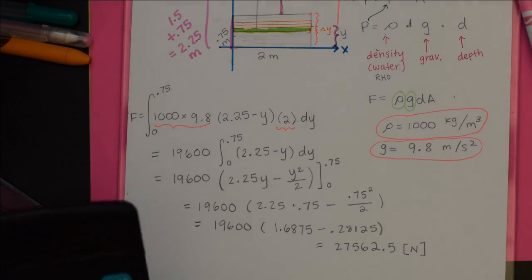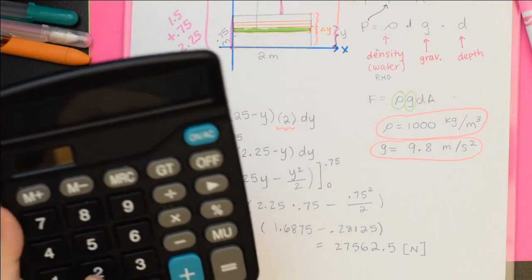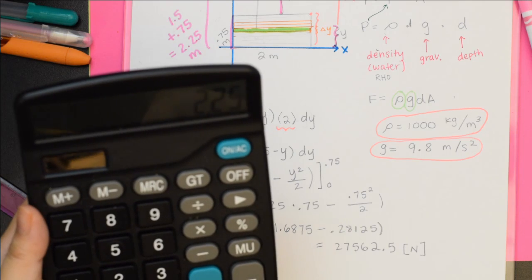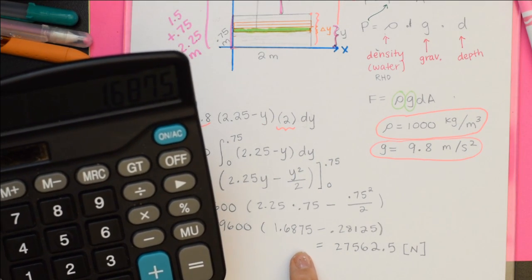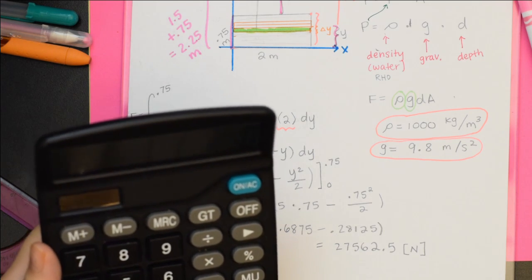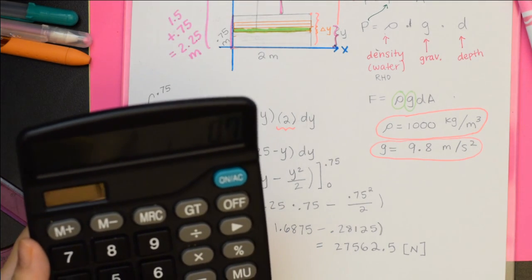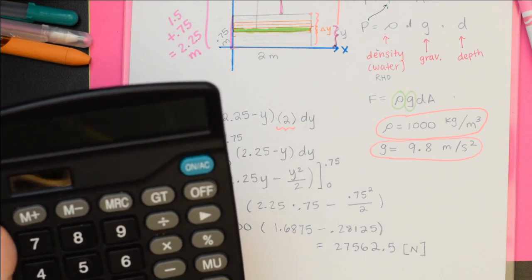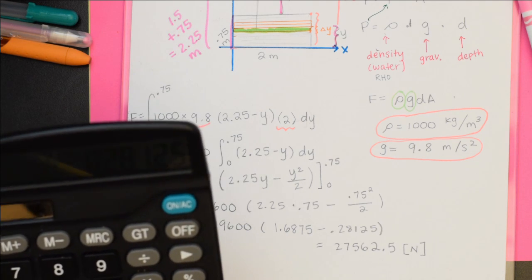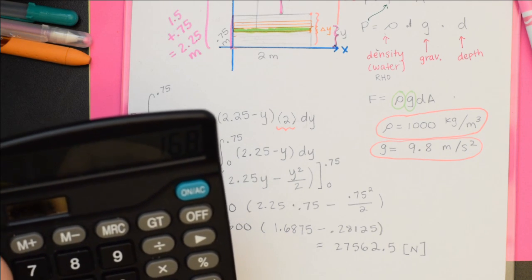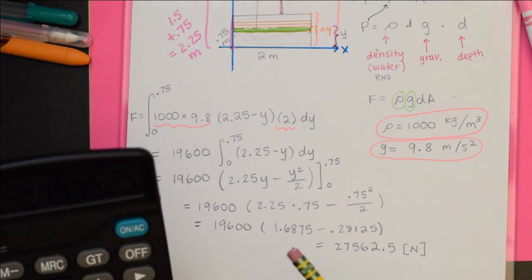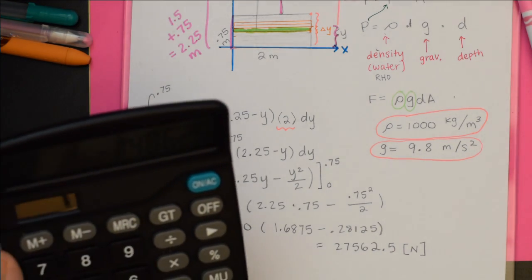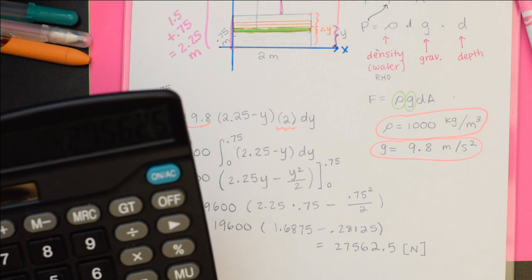So let me just check those numbers really quickly. Okay, good. 1.6875, 0.75 times 0.75 by 2, and then, so I'm just going to do the negative version. 1.4065 times 19600.